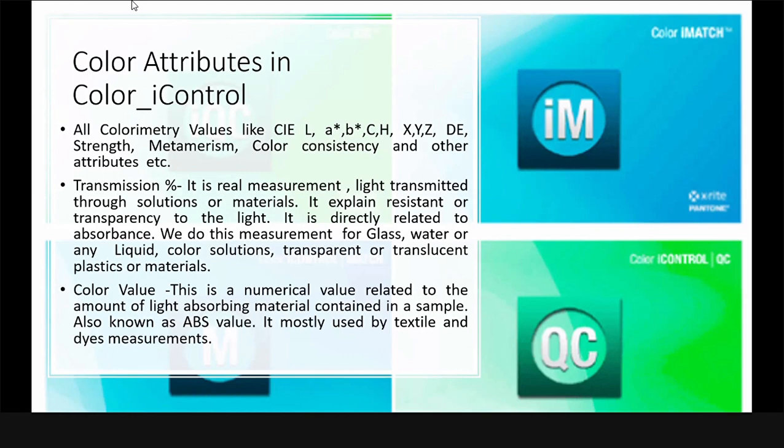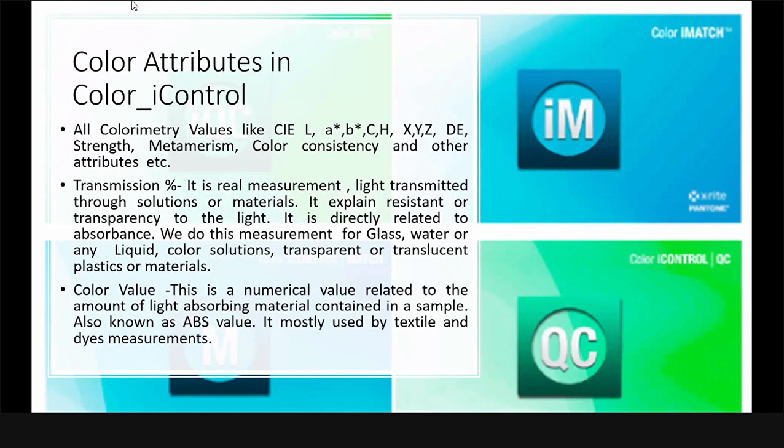Now we are going for customized attributes which are mostly used in transmission. One is the transmission percentage, a very important parameter. When we are doing transmittance, we must know how much transmittance is happening with this material, and we can calculate that in our spectrophotometer.